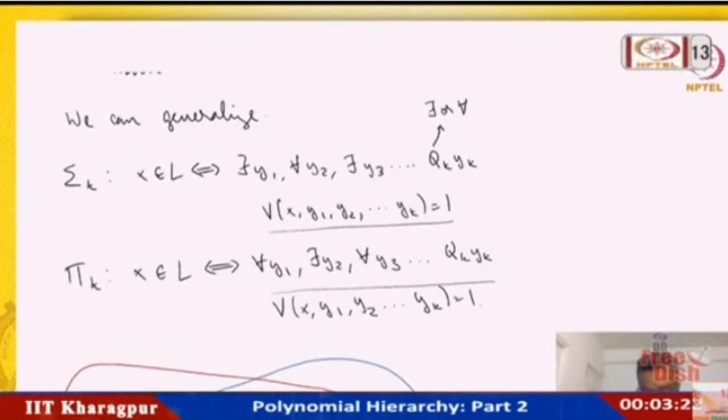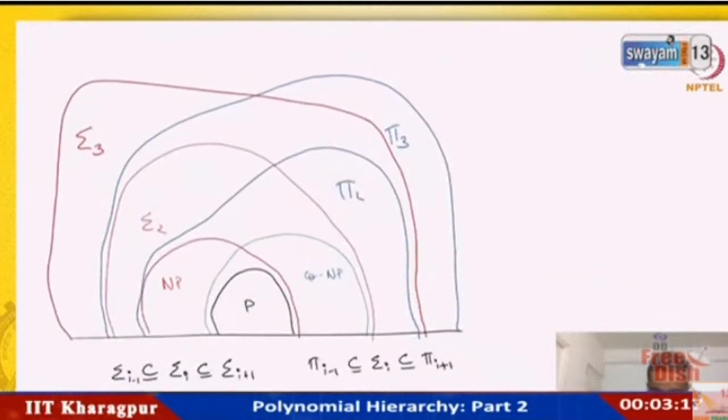And similarly, pi 1 corresponds to co-NP. So NP is actually sigma 1, and co-NP is actually pi 1. So you can see how these classes line up, at least as far as we know now.